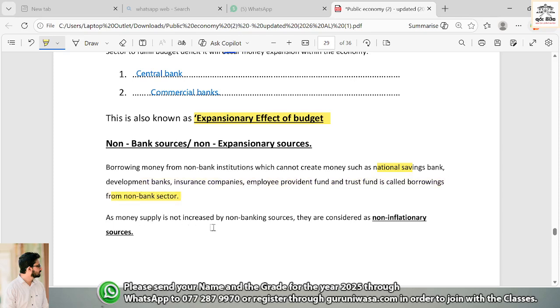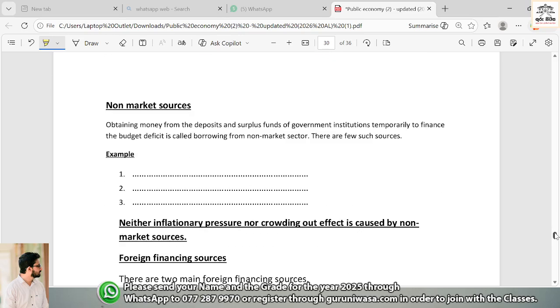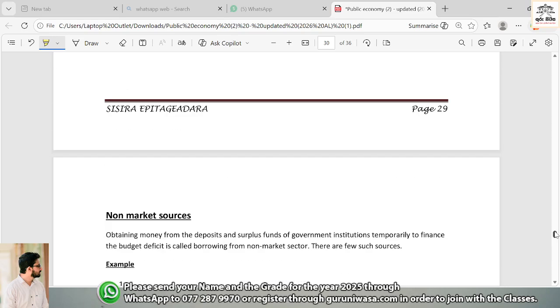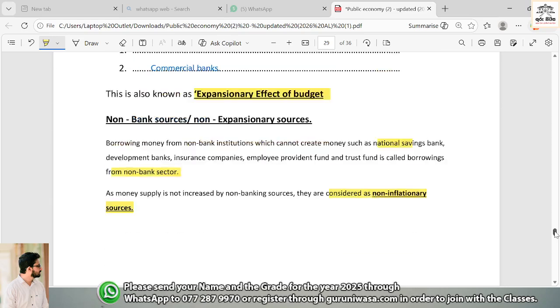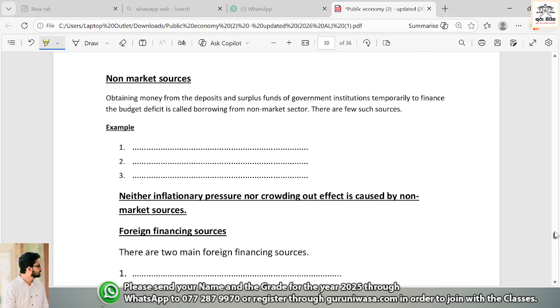As money supply is not increased by non-banking sources, these are called non-inflationary, as these sources do not affect money supply.